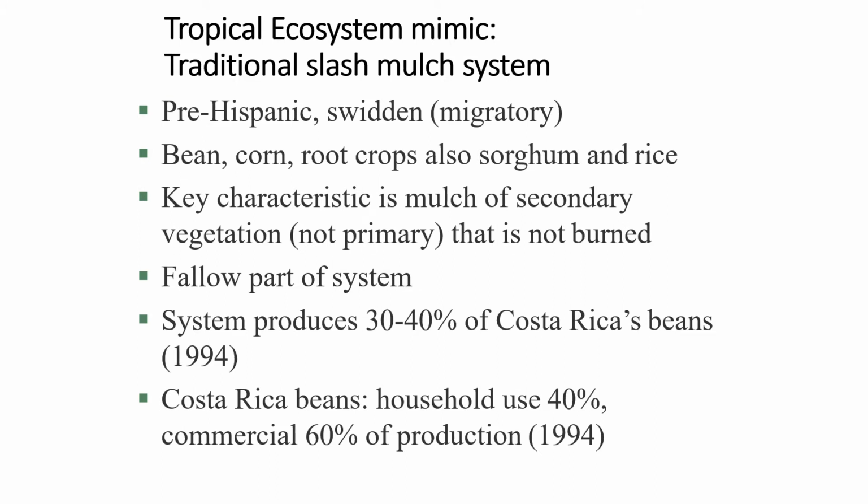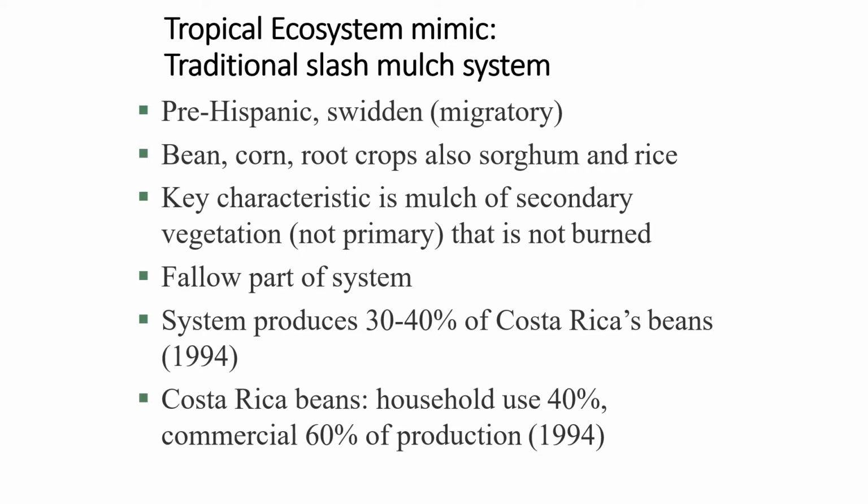Now, in the tropical ecosystem mimic, there's the traditional mulched system, which is pre-Hispanic and migratory. Then the bean, corn, root crops, also sorghum and rice. Key characteristic is mulch of secondary vegetation, not primary, that is not burned.